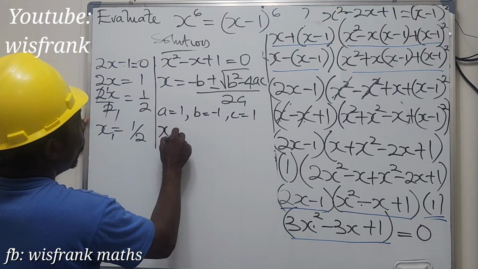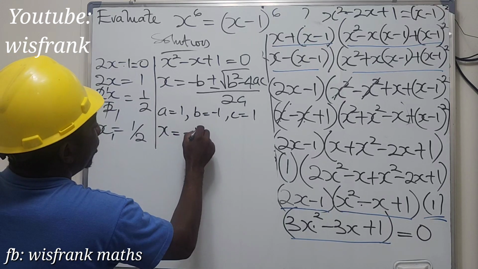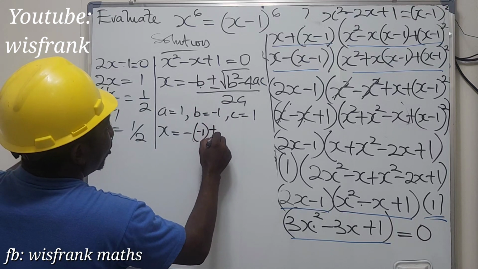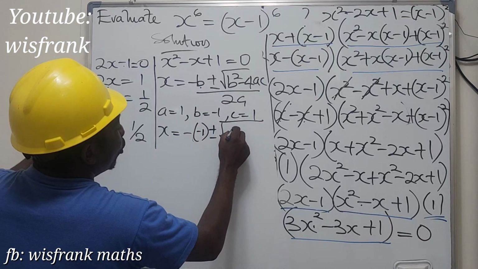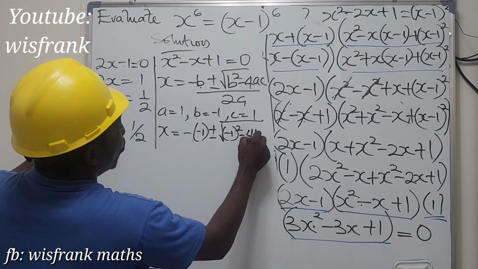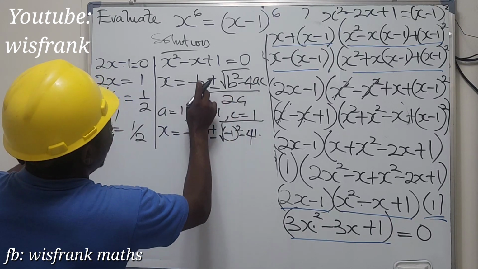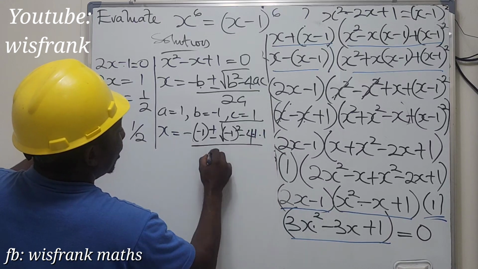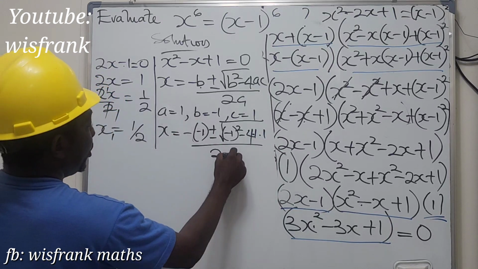So x equals minus 1, that is minus into minus 1 here, plus or minus square root of minus 1 squared minus 4 times a, which is 1, times c, our value of c is 1, then all over 2 times a, which is 1.